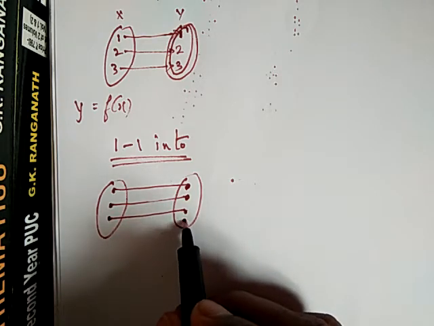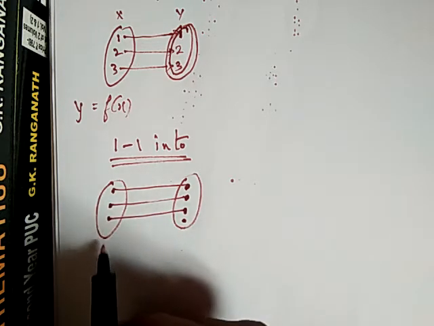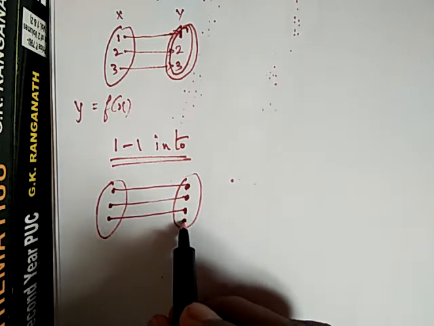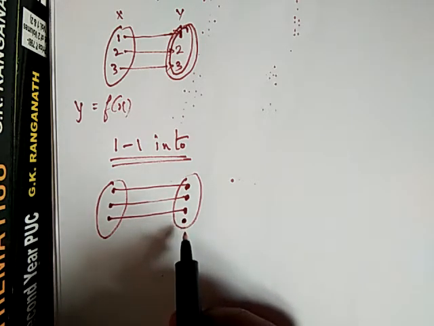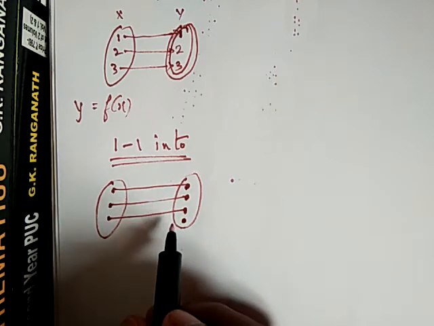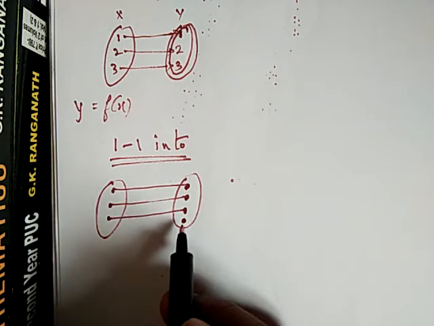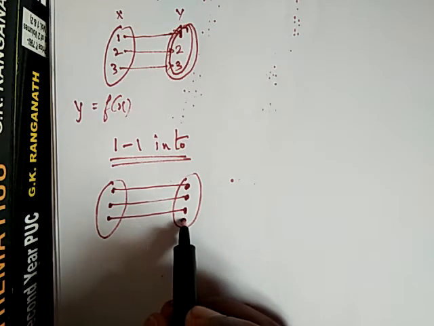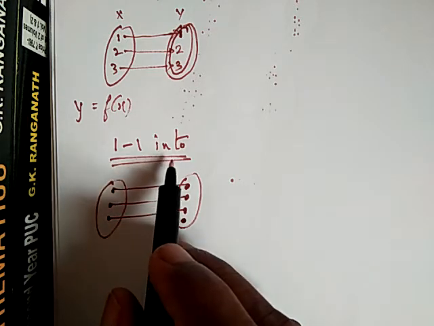But if one or more elements remain empty, with no element associated with them, meaning they are extra in the codomain, then you can say that it is one-one into. Otherwise, if it is equal, it is one-one onto.